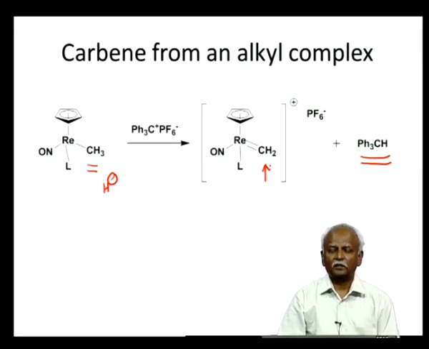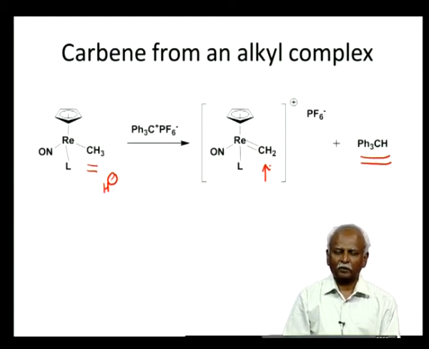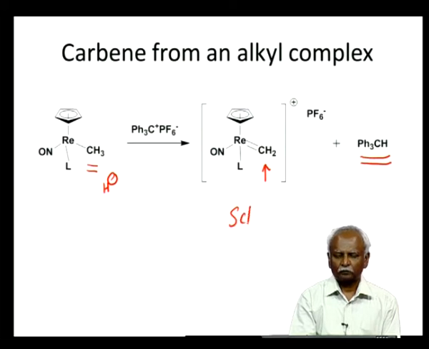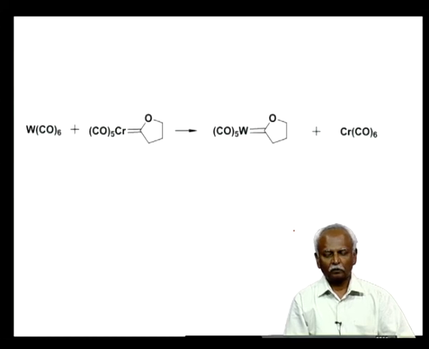So, this is a system which is called a Schrock carbene. Fischer carbenes are those carbene complexes which have a heteroatom to stabilize the carbene carbon. The Schrock carbenes are those carbenes which are not stabilized by heteroatoms, named after the discoverer of this series of compounds, where you have only carbons with non-electronegative substituents on the carbon.